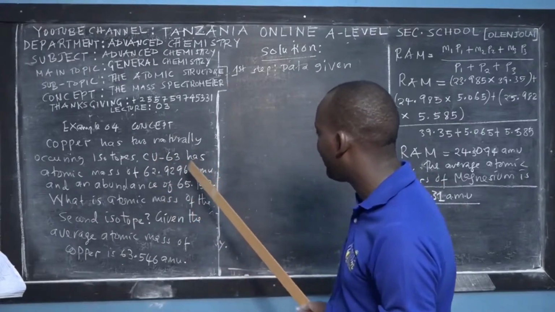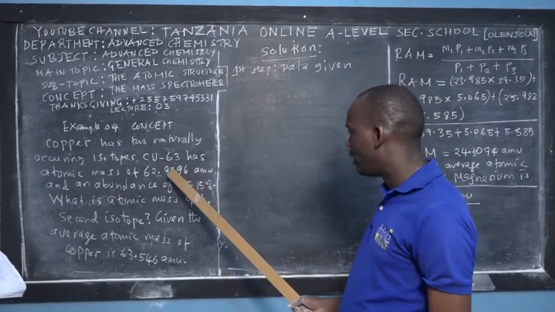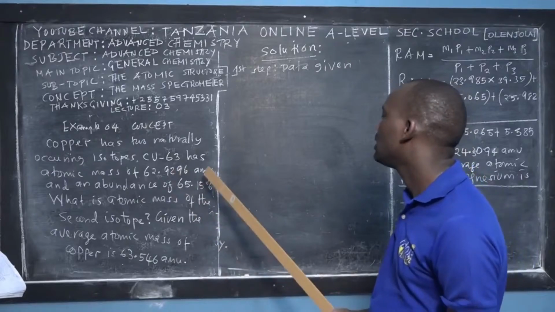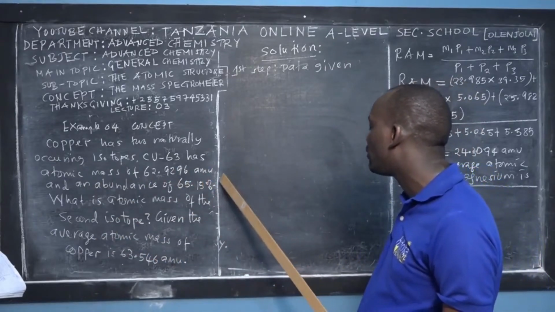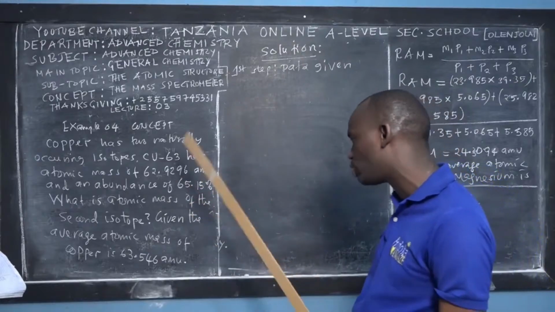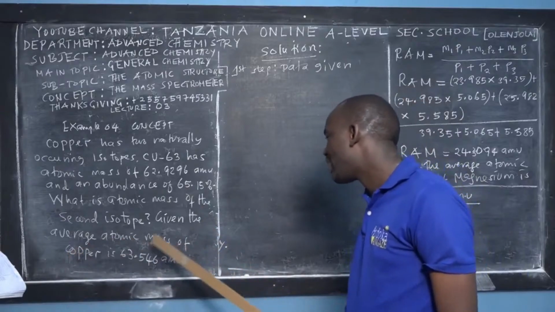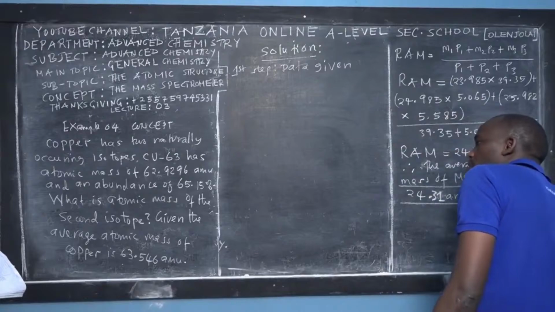So copper 63, the first isotope, has atomic mass of 62.9296 atomic mass unit, and an abundance of 65.15%. This is the abundance right now, it's not the intensity. What is the atomic mass of the second isotope? Given the average atomic mass of copper is that one.